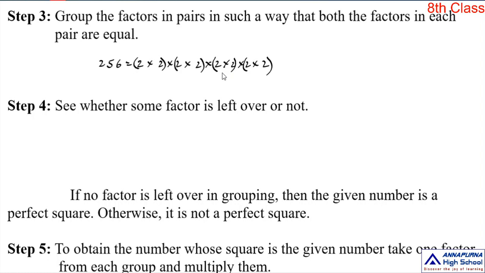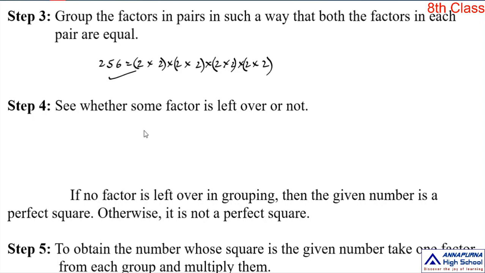So in the prime factorization of 256, there is no other factor outside the grouping. Okay, so this 256 is a perfect square number.